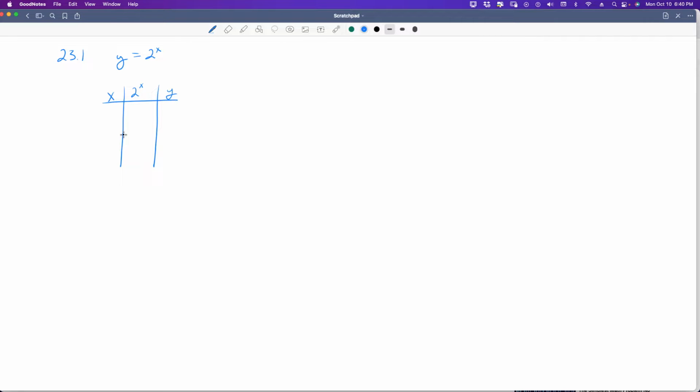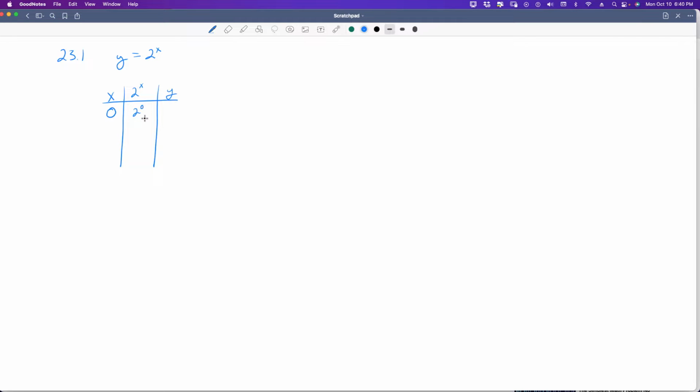In doing these, we have to be very careful about what we choose for our x value, because it's an exponent. It's not a factor anymore. It's not a base. It is an exponent. So it's going to have a huge impact on the value of y. I would always start with 0. But in this case, thinking about exponents, the first thing that you want to remember is that anything to the exponent of 0 is going to be 1.